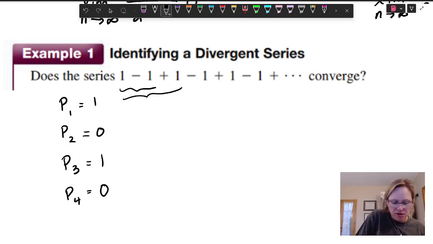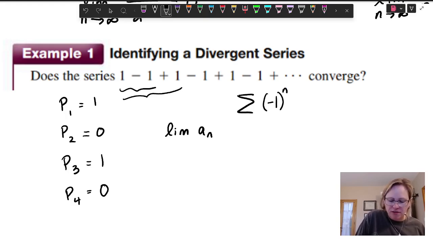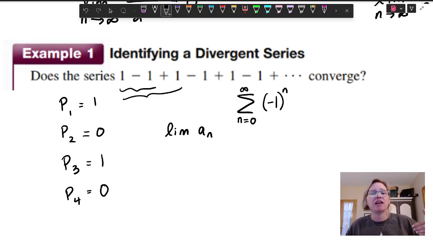And so what we see here is that the limit of these terms, whatever the rule is that generates these terms, and I think in this case it might be something like negative 1 to the nth power. So if I start n at 0, that'll give me a positive 1 for that first term. When n is 1, that's how I get that negative 1.